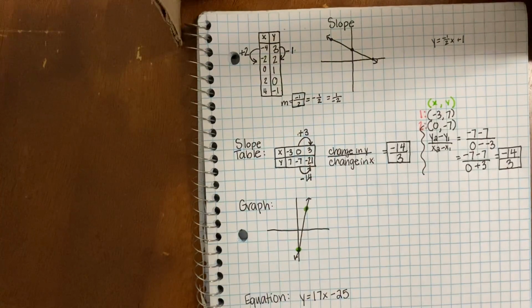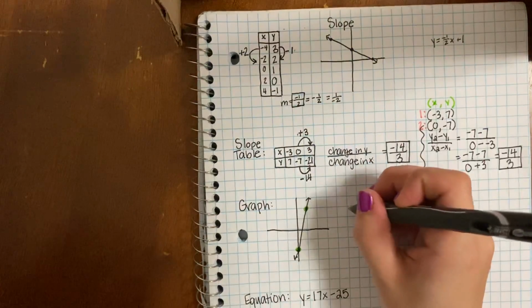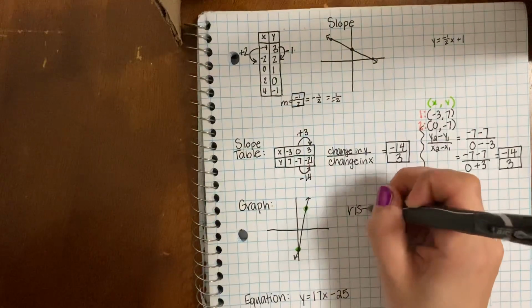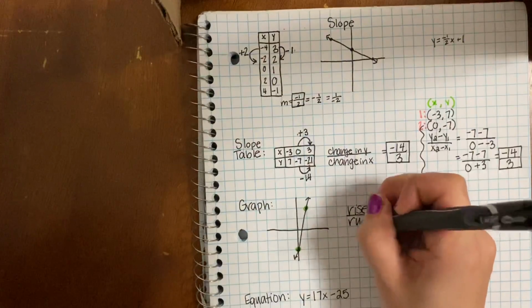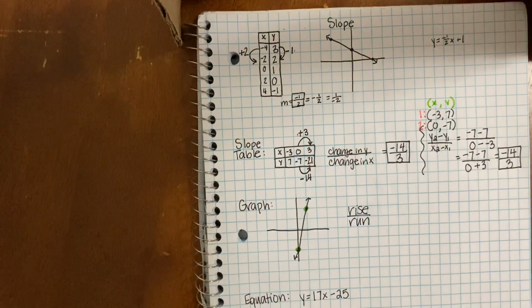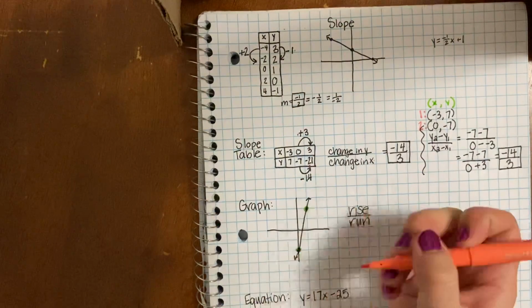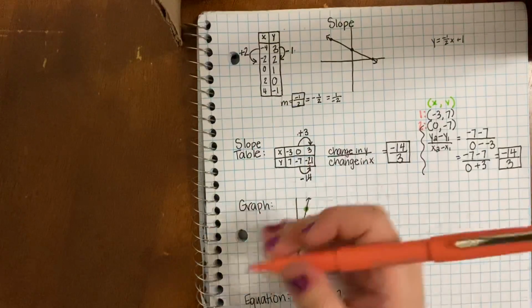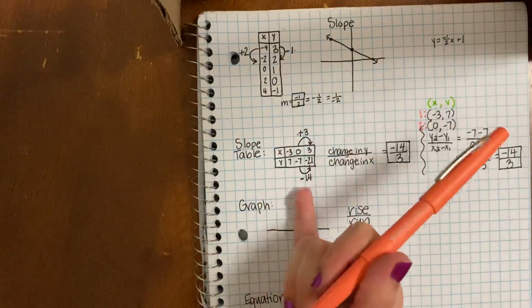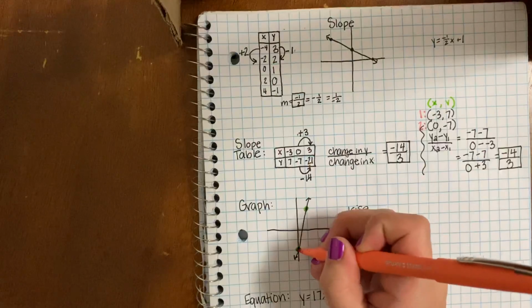So let's look at the rise over the run here, or the change in y over the change in x. So once you have 2 points, you're going to take your pencil and start at either of them. I like to start with the left point. It makes a little bit more sense to me. So go left to right like we read. So if I'm moving my finger along, this is my first point.